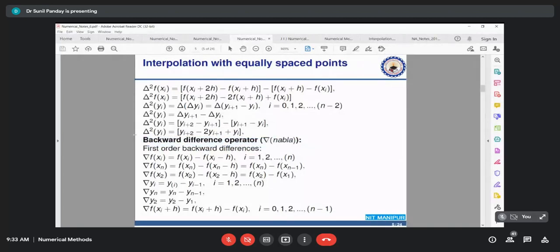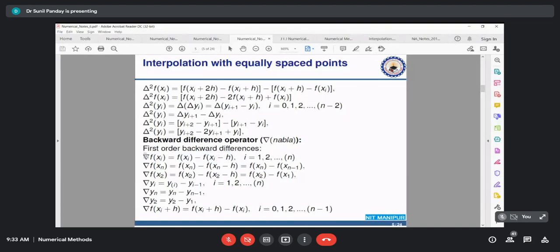So now we define again the backward difference: nabla of f of xi is equal to f of xi minus f of xi minus h. You can see the difference in the definition. Earlier we were adding xi plus h in forward, but in backward we write the value f of xi as it is, minus f of its previous value.